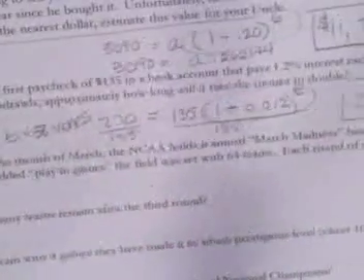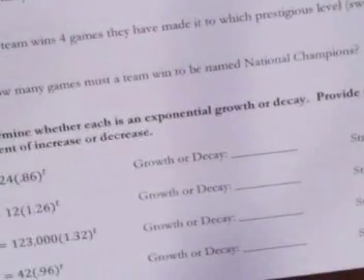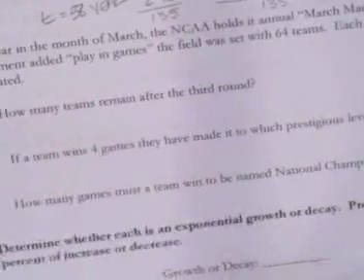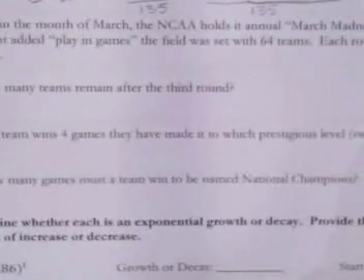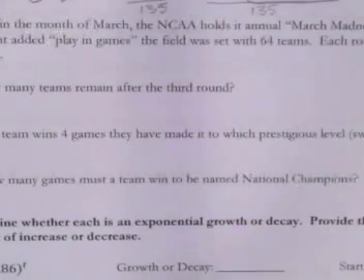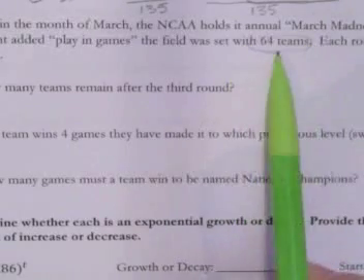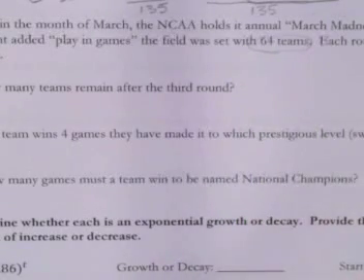So the last problem that we have to consider in the first part of our modeling examples is problem number 4, where they're talking about March Madness. And we just finished March Madness this year. And it says that March Madness starts with 64 teams, and each round of the tournament, 50% of the teams are eliminated.